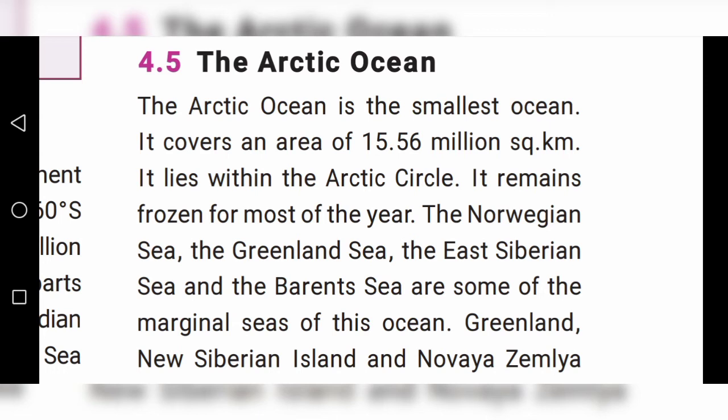It remains frozen, fully ice, for most of the year. The Norwegian Sea, the Greenland Sea, the East Siberian Sea and the Barents Sea are some of the marginal seas of this ocean.